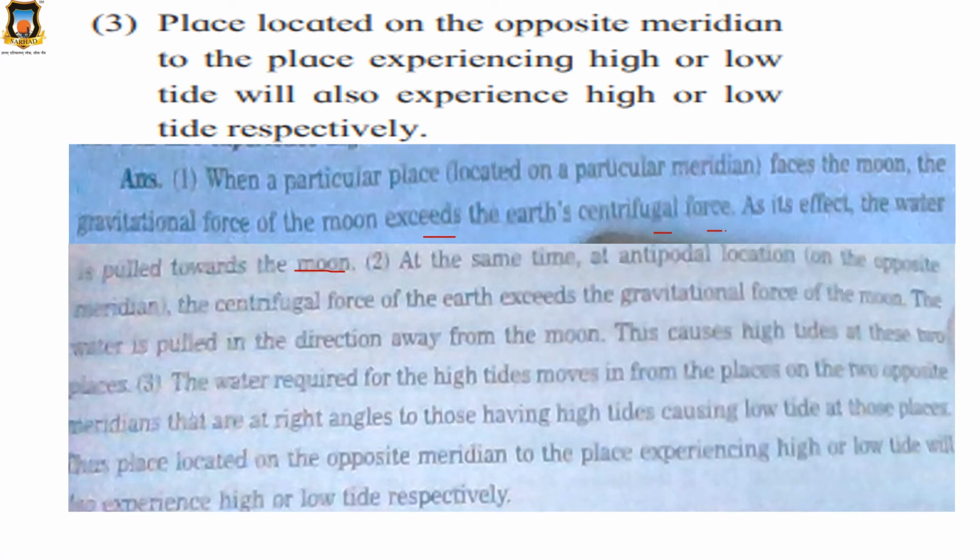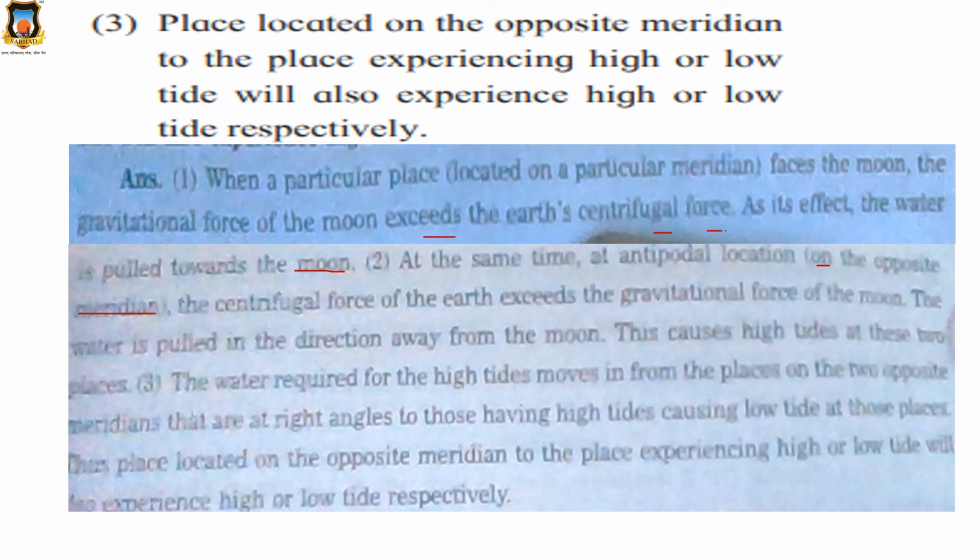At the same time, at the antipodal location, which means on the opposite meridian, the centrifugal force of the earth exceeds the gravitational force of the moon. The water is pulled in the direction away from the moon. This causes high tide.